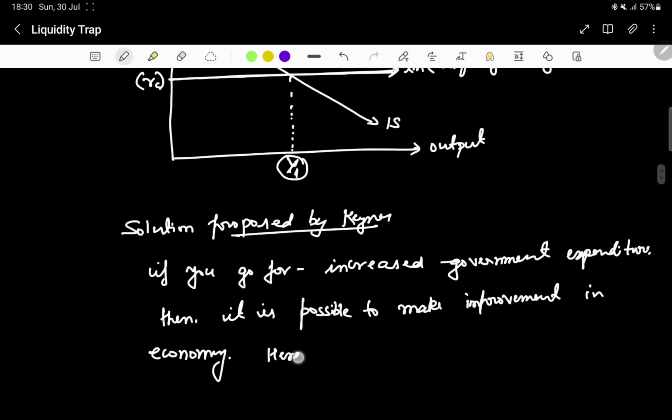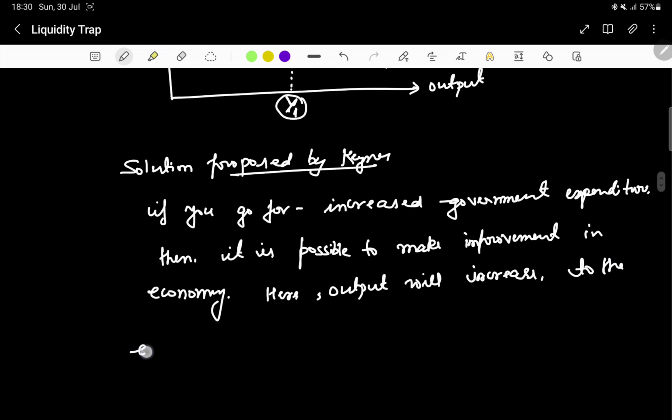Here output will increase to the extent of alpha G into the change in government expenditure.